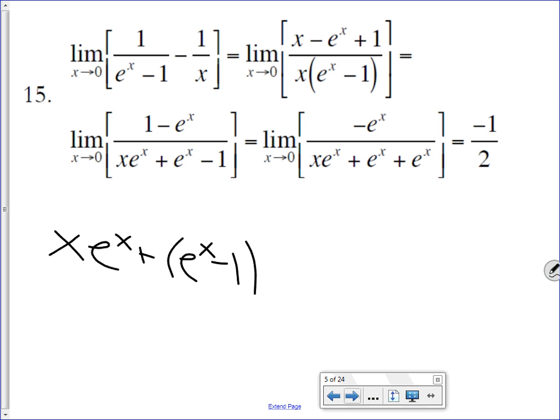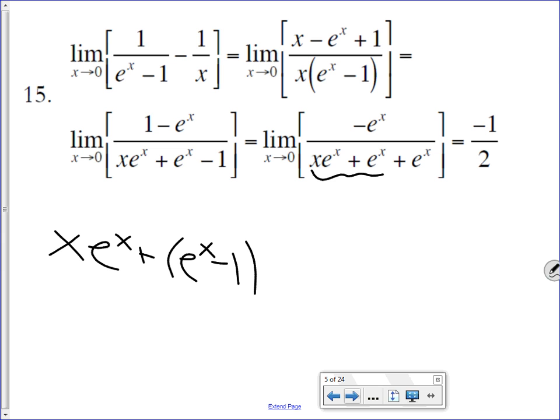The derivative of the numerator is just 1 minus e to the x. So now we check it out. We plug the 0 in. Oh my gosh, it's still 0 over 0. Do it again. Take the derivative of the numerator, negative e to the x. Or the denominator, well, at least you already know what the derivative of... Oh, no, you don't. You have to do it all over. You have to use a little product rule. Take the derivative of the x e to the x. And when you do that, you'll get this.